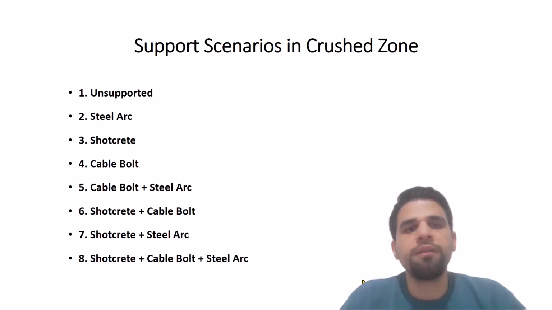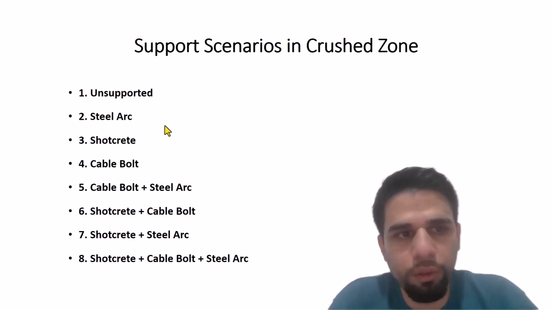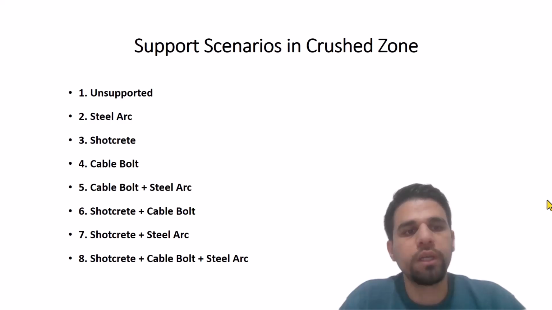We want to model different support scenarios in the crush zone, the interaction of crush zone with the tunnel. First one will be the unsupported scenario. Second, just steel arc. Third one is shotcrete. Fourth one is cable bolt, and number 5 is cable bolt in combination with steel arc.